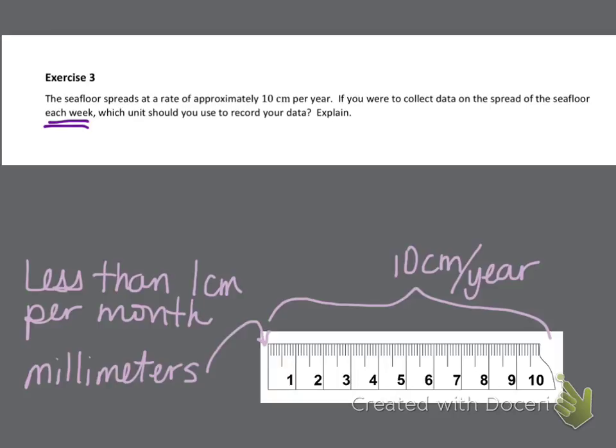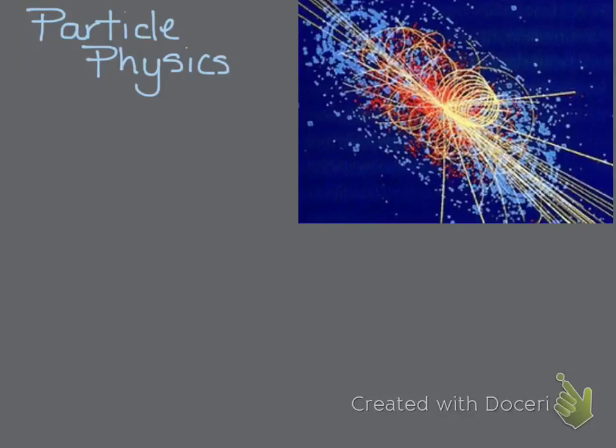So we could use millimeters to describe how much per, because there's 10 millimeters in each centimeter. So if I used millimeters, I would have numbers that would be easier to write and compare than if I measured it in centimeters or even kilometers or something like that. It would be ridiculous. Okay, let's move on.